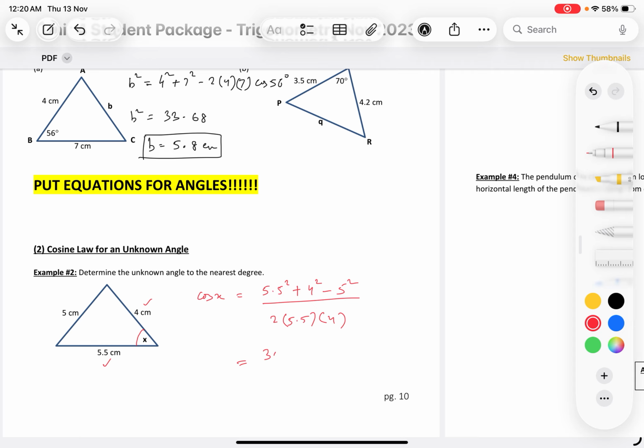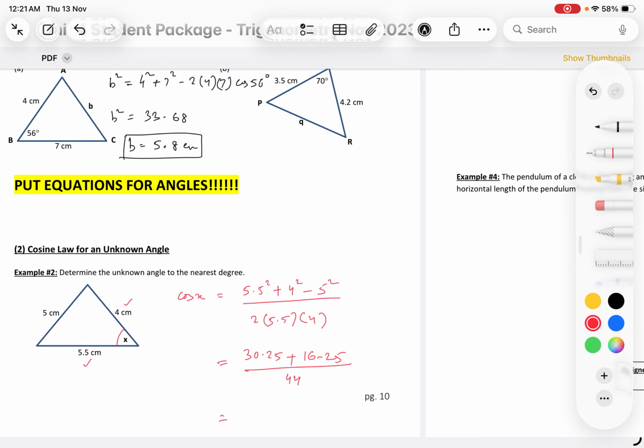It is 30.25 plus 16 minus 25. This is 44. So we get 0.89, which is cos x. So x will be cos inverse of this. I used my calculator and found that it is 26.8 degrees.